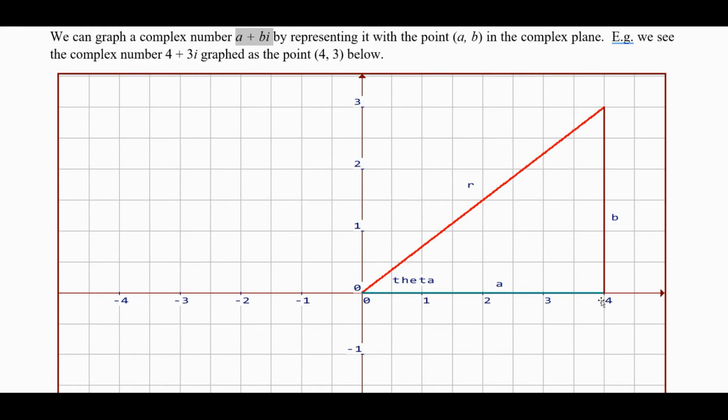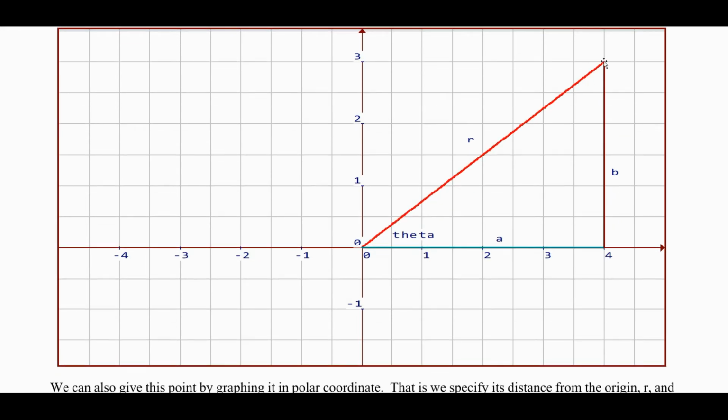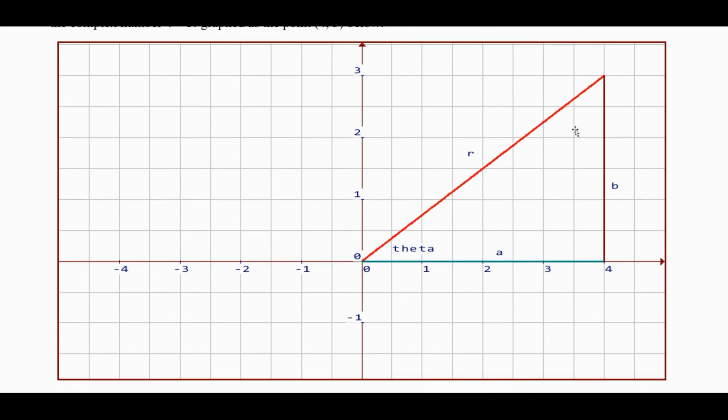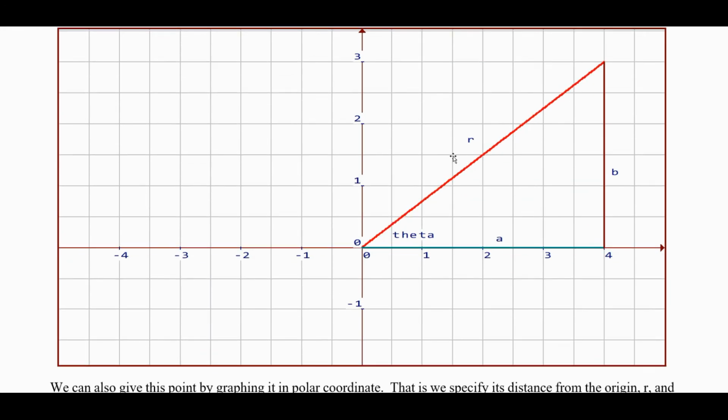So this x is a and the y is b. The distance from the origin is sometimes called the modulus or the norm or the magnitude of that complex number, which I'm also going to call r. It's the radius of a circle that would go out that far. And this direction angle is theta here.